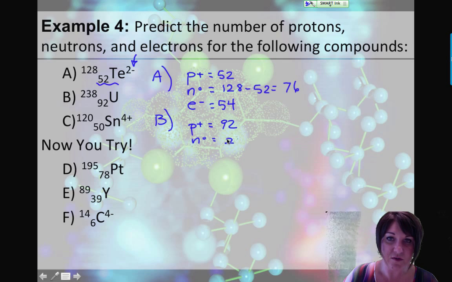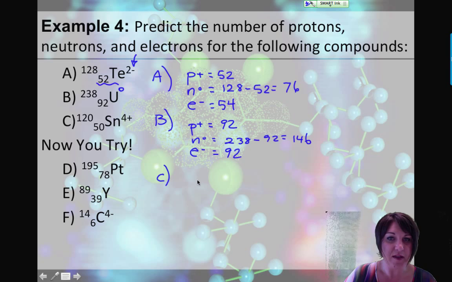Neutrons, subtract 238 minus 92, and what is that? 146 neutrons. And electrons, look, there's no charge here, so electrons must be balancing the protons because all the charge is neutral.